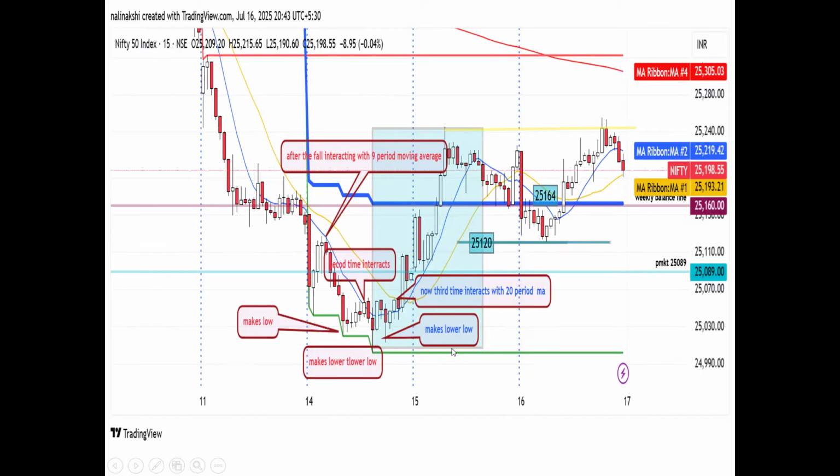Though it made a low, trapping this is a liquidity grab, inducing sellers to sell again. The amateurs will sell, but if you have constant price action observation, this is always the process. You have to read Wyckoff accumulation or Wyckoff distribution.